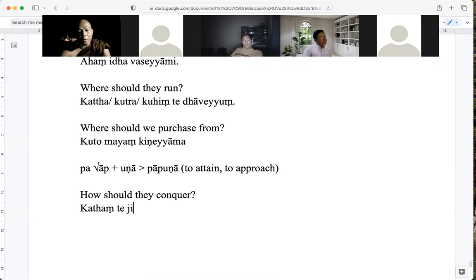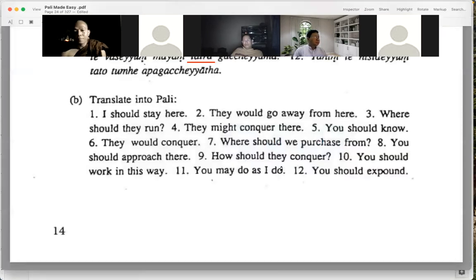Conquer mean G now. So G ne yo. So Gatan de G ne yo. Gatan de G ne yo. Okay, next. Katandi jitni.